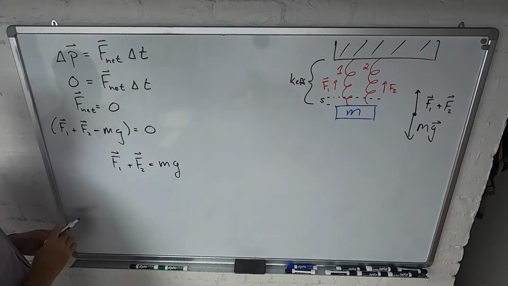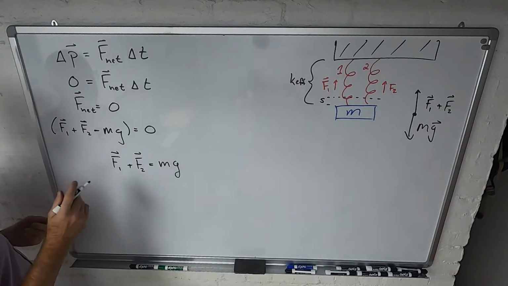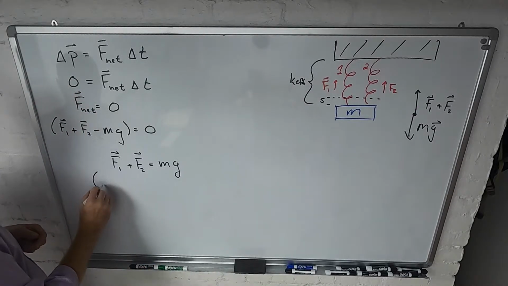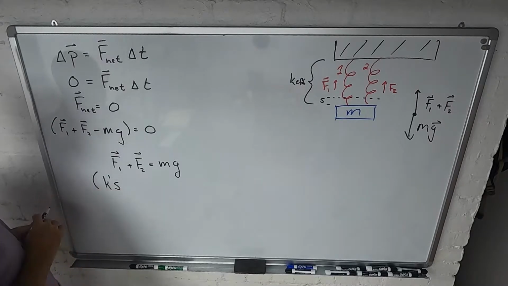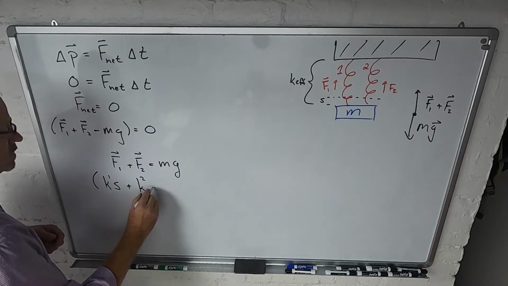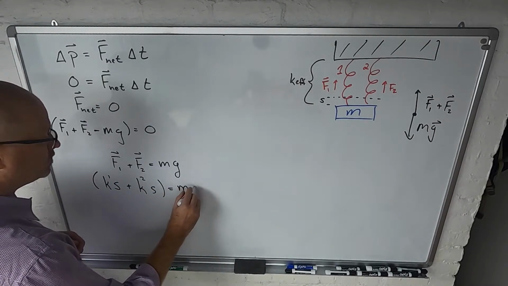But I can rewrite my F's now in terms of what I know about my springs. So both springs have stretched to distance s, and so I can write that k of spring 1 times the total stretch plus k of spring 2 times the total stretch is equal to mg.